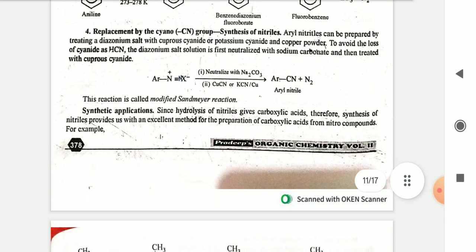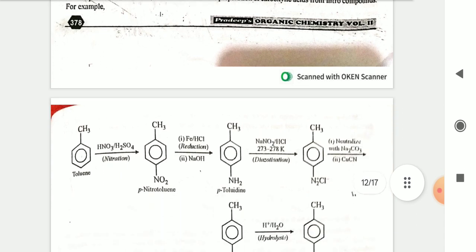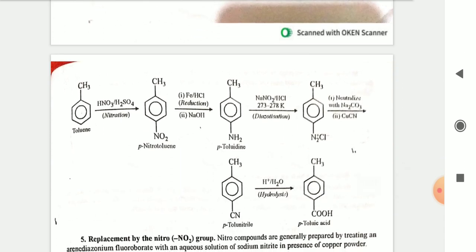Synthetic application: since hydrolysis of nitrile gives carboxylic acid, synthesis of the nitrile provides an excellent method for the preparation of carboxylic acid from nitro compound. For example, toluene in the presence of HNO3, H2SO4, called nitration, will give p-nitrotoluene. In the presence of Fe/HCl, called reduction, or NaOH, it will give p-toluidine.